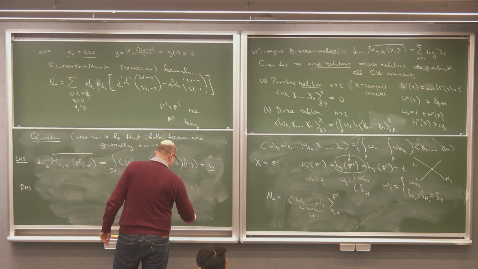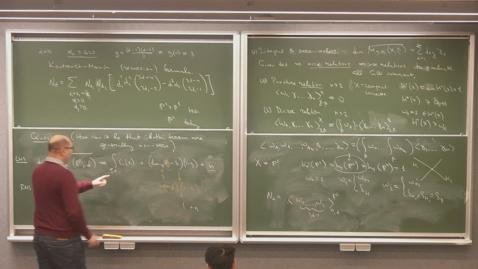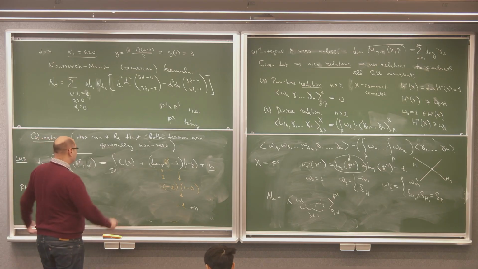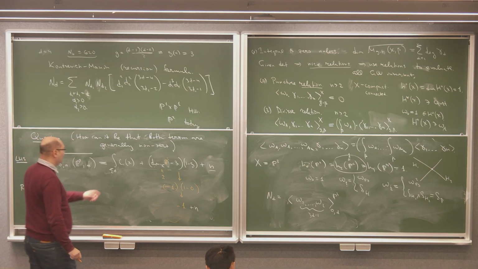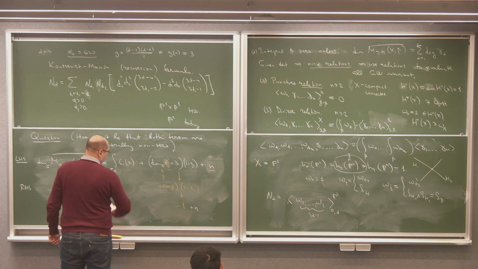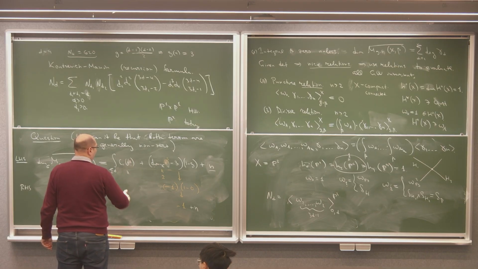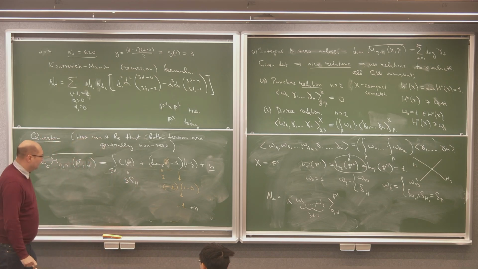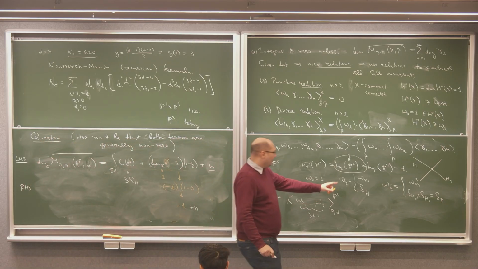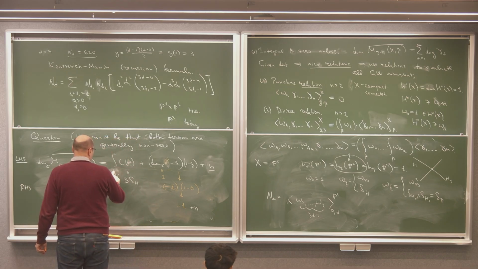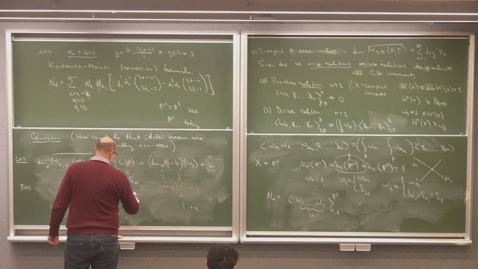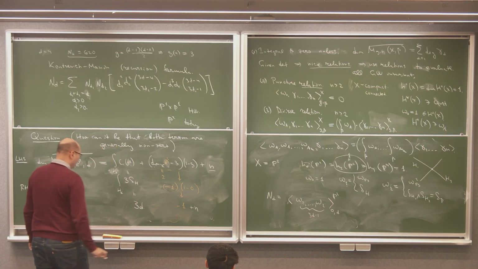We still have this plus n. And here we need to integrate the first Chern class over a degree d curve. The first Chern class of P2 is 3 times the hyperplane class, and integrating it over a degree d curve gives us 3d.